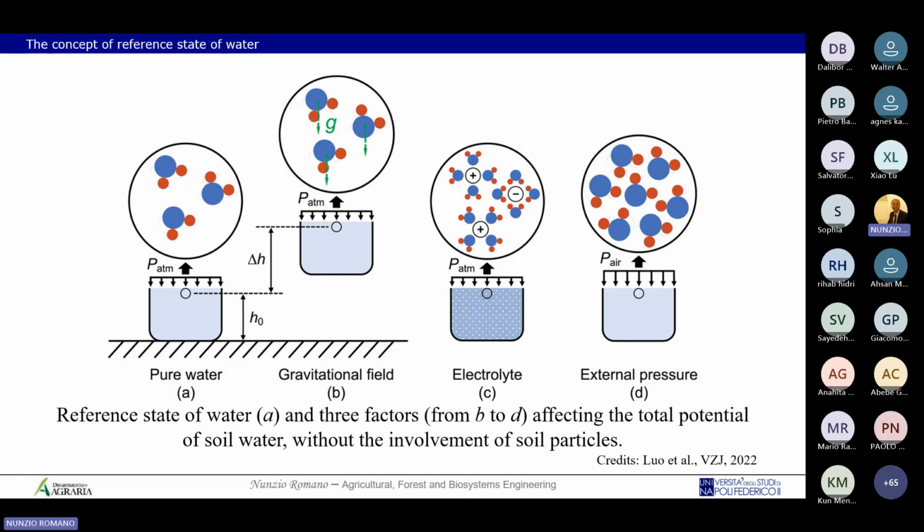Basically, look, in these schemes, soil does not appear yet. So we have the pure water, free water at atmospheric pressure at a certain location. And then we have a molecule at a certain distance, H0, from the floor.